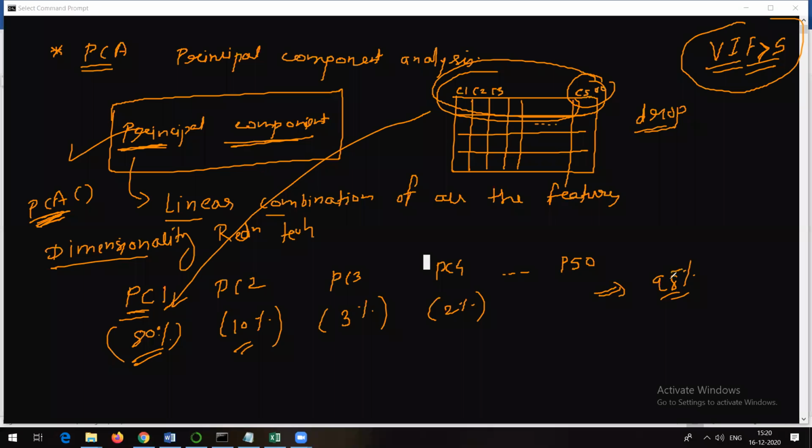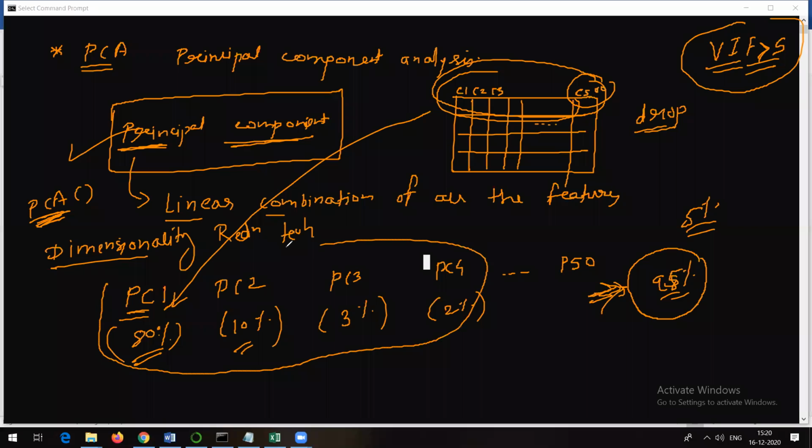I am ready to lose 5% of the data. No problem. Losing 5% of data is okay for my model, but still I am able to represent 95% of the complete data set with only how many principal components? With only 4 principal components. So instead of these 500 features, you will have only 4 principal components.